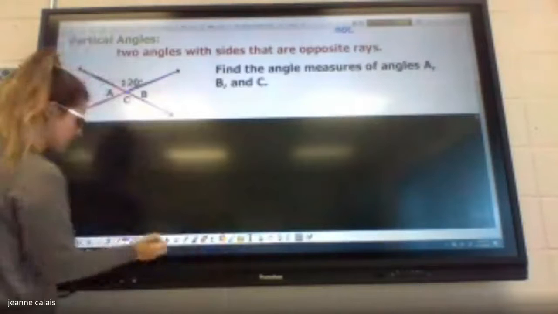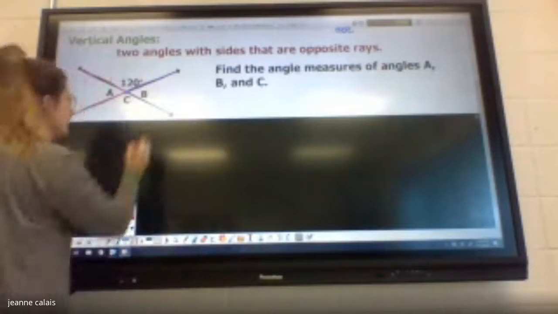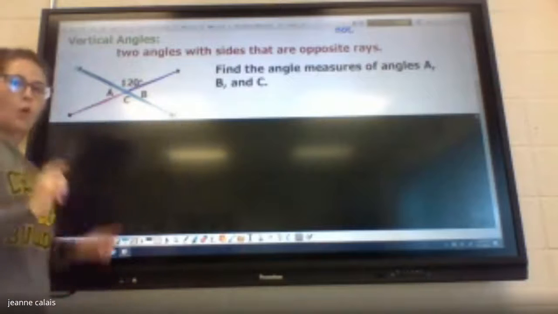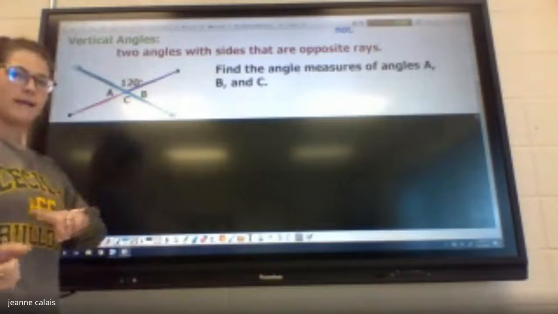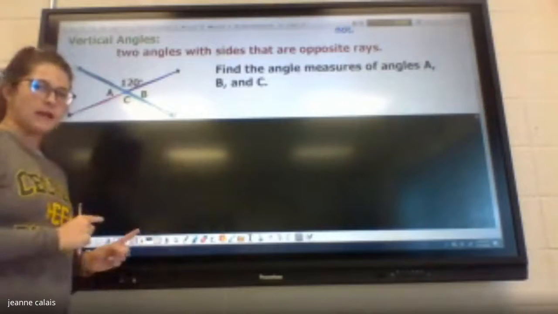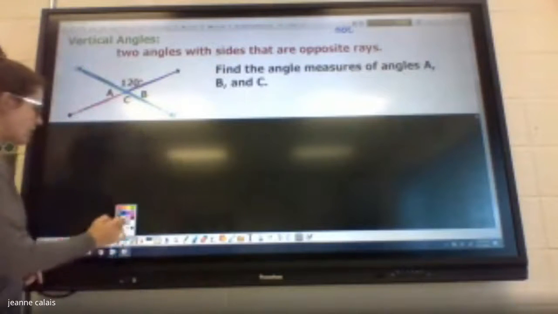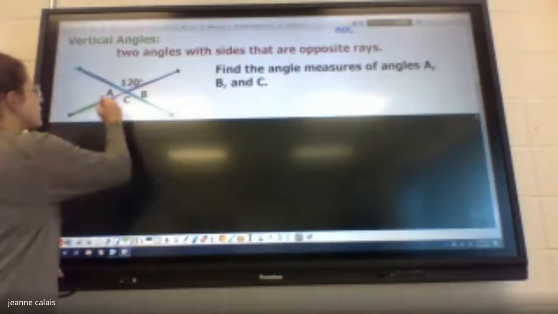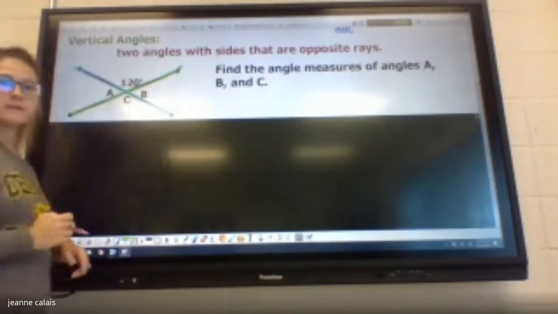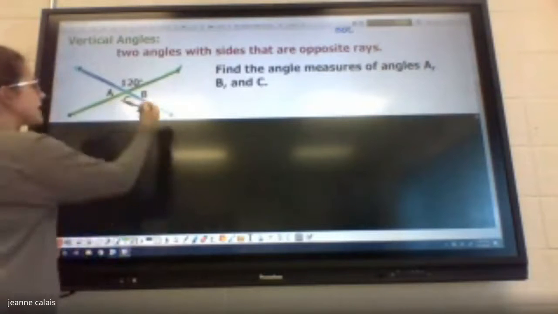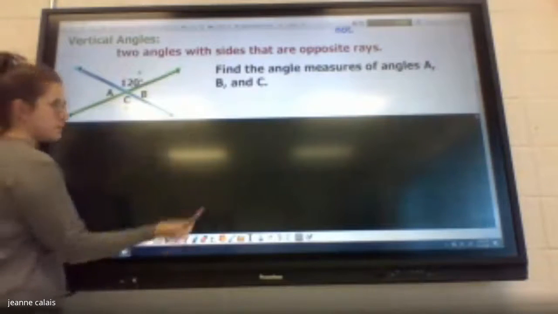Let me put the highlighter to it. One side that's making up angle A and another side that's making up angle B, they are opposite rays. And then you have the same thing here. You have a set of opposite rays. So that makes angle A and angle B vertical, and same as angle C and 120.